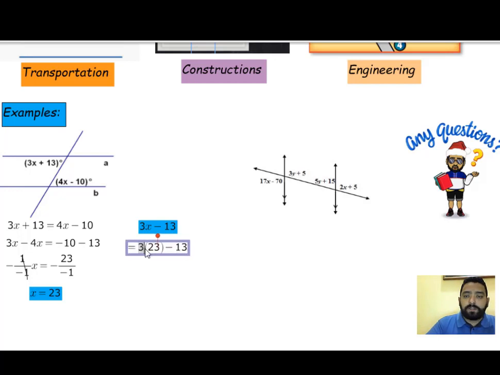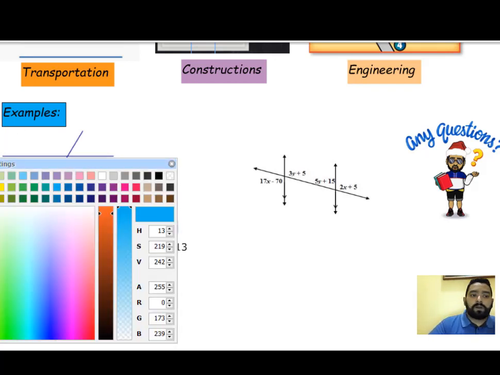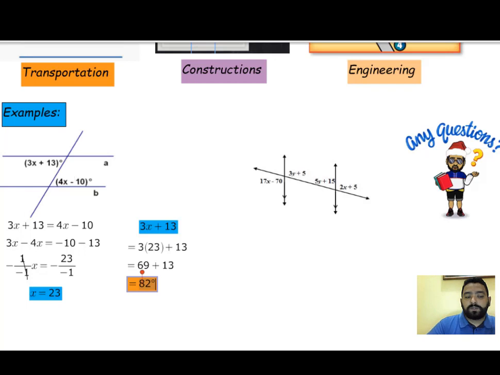Then we multiply 3 times 23, which is 69, plus 13. I made a mistake before, it's plus 13, and then 69 plus 13 is 82. So the angle for this relationship is 82 degrees. This is the angle of the relationship between these two parallel lines.